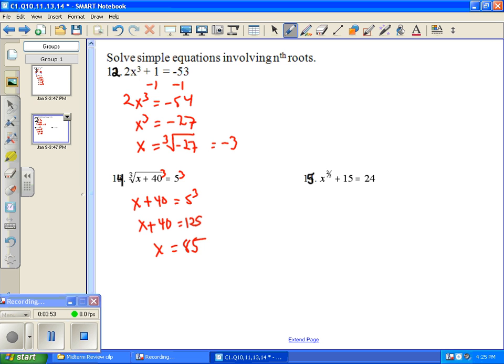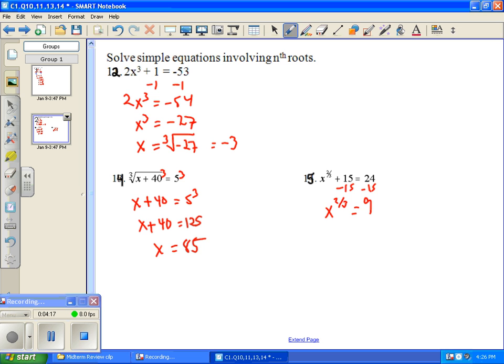Now number 15, a similar problem to number 12. But we have a fractional exponent, so let's see what we need to do. So the first thing we need to do is subtract 15 from both sides. We have x to the 2/3 equals 9.